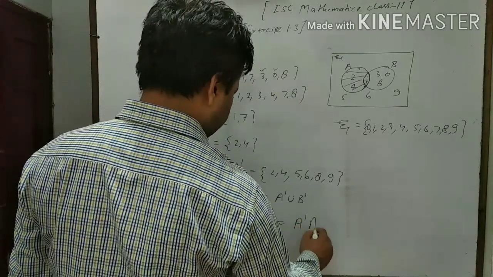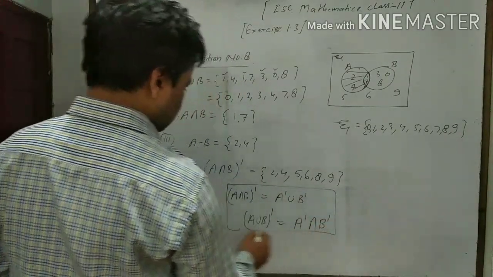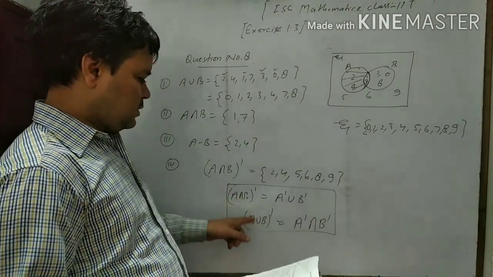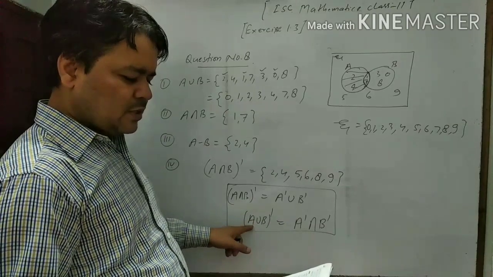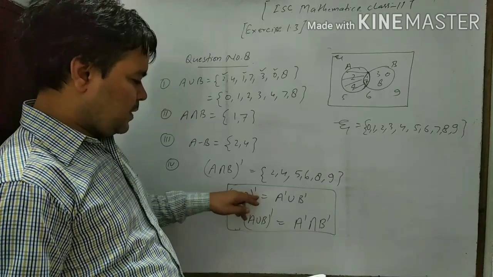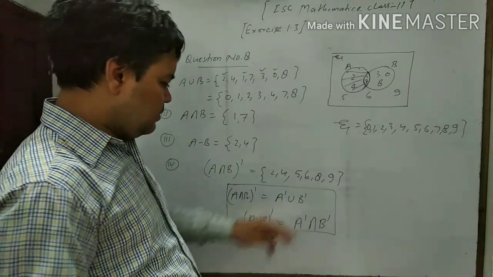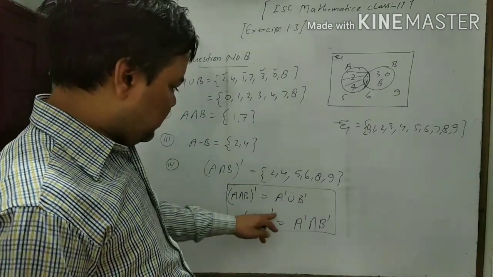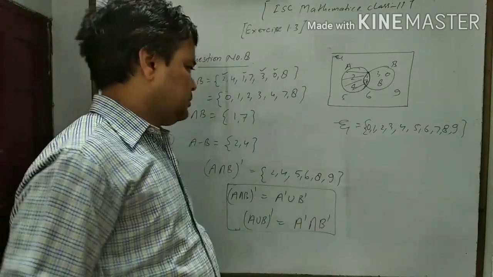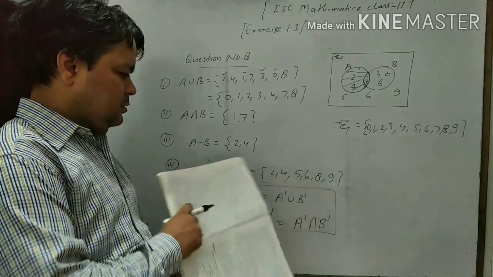Complement of A intersection complement of B. These two are known as De Morgan's law. The complement of A intersection B is equal to the complement of A union complement of B, and the complement of A union B is equal to the complement of A intersection complement of B.